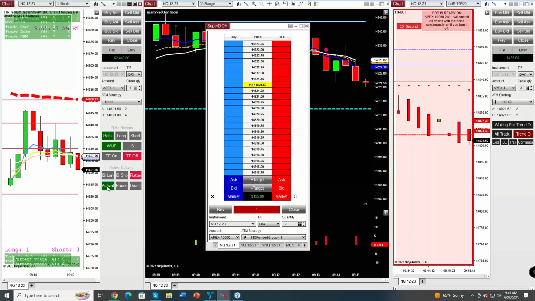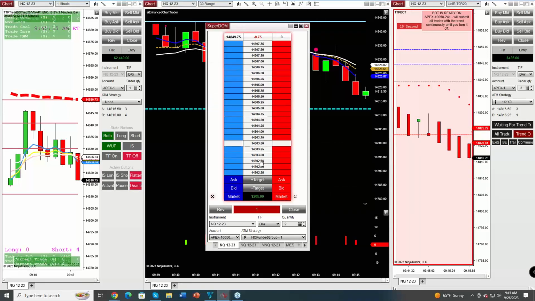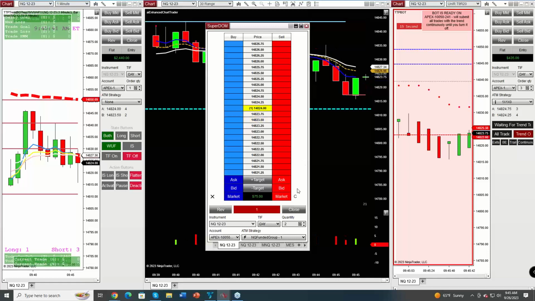Value area low. And then 98. I'm trying to hold to 98. Let me get that target out of there. All right, you can have it. You can have it. We're going to get a bounce here, I think.